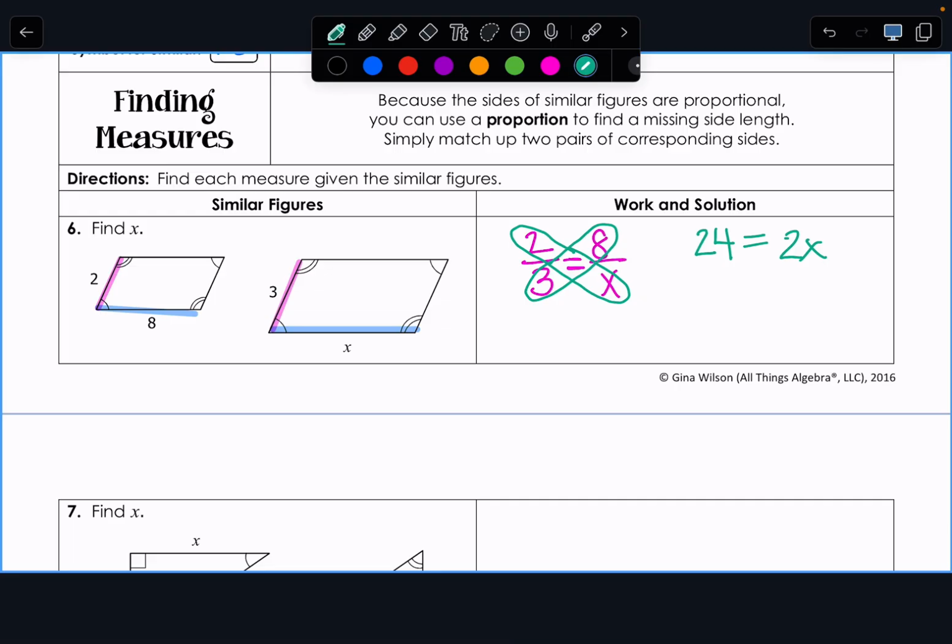And if I want x by itself, what do I got to do with that 2? So x equals 12.